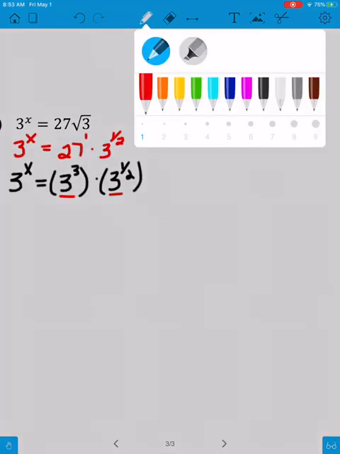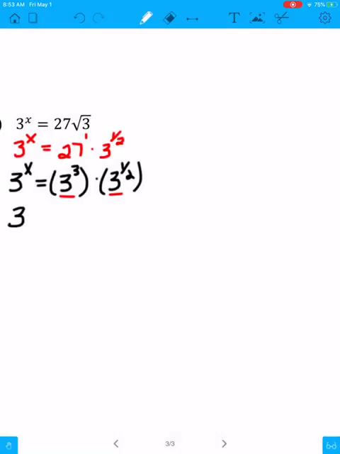So I'm going to get 3 to the x equals 3 to the 3 plus 1 half. So if I have the same base, I need to add exponents. So I'm going to get 3 to the x equals 3 to the 7 over 2, since 3 plus a half is 7 over 2. So x equals 7 over 2.